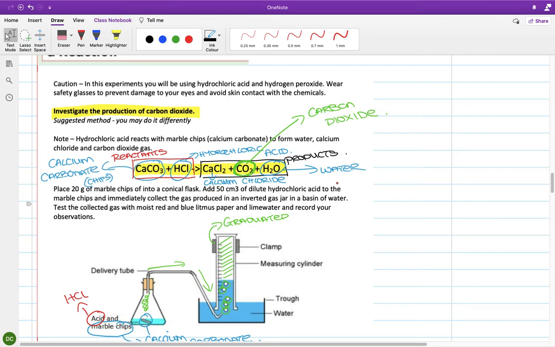It produces carbon dioxide and we catch the carbon dioxide. To prove that surface area has an effect, we're going to initially cut the calcium carbonate into smaller pieces and then crush the calcium carbonate into really small pieces, and watch how much carbon dioxide we can catch in a 30-second period.